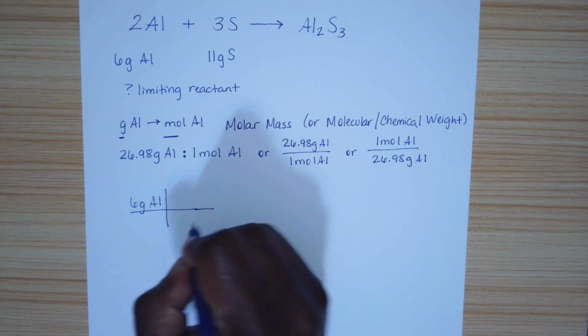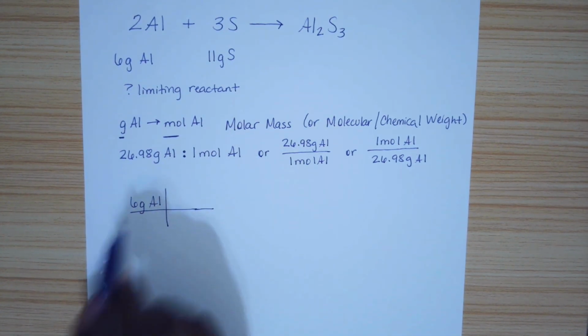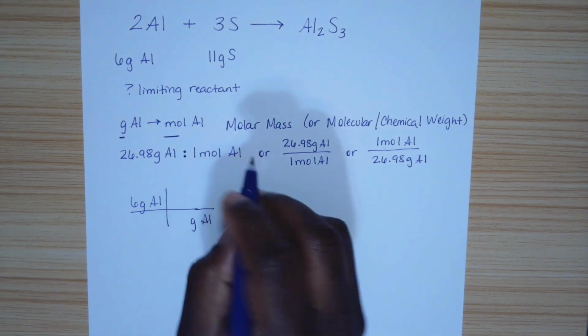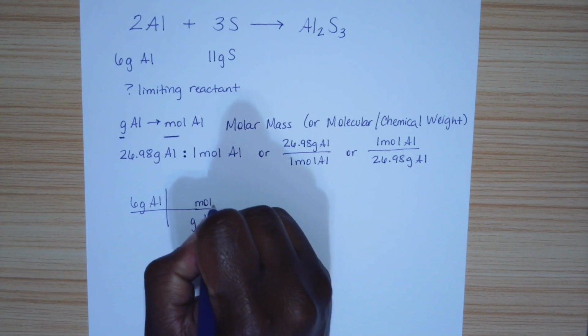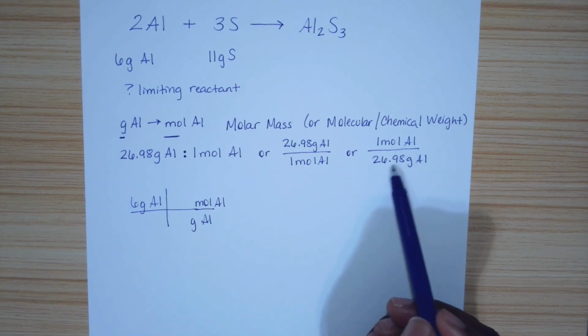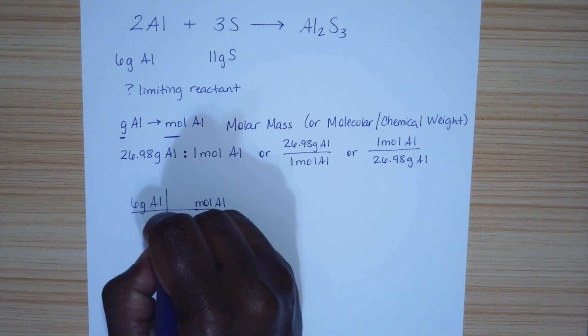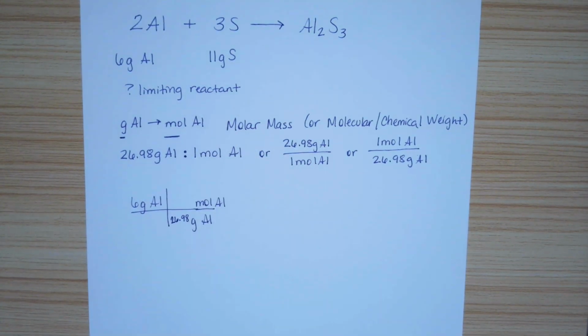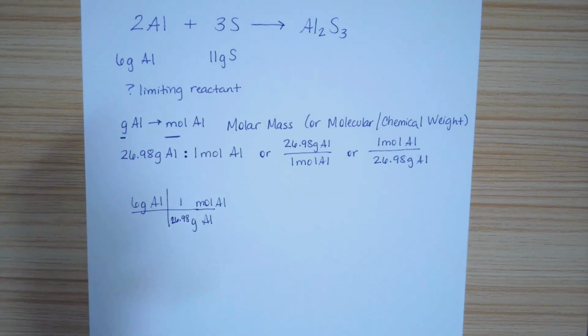Using the conversion factor, I need to get rid of the gram. Since I have gram up top, I need to put the gram on the bottom. That means that my mole will go up top. Looking back at the conversion factor, 26.98 goes with the grams, so I'm still going to keep the 26.98 with the grams. The 1 will go with the mole.